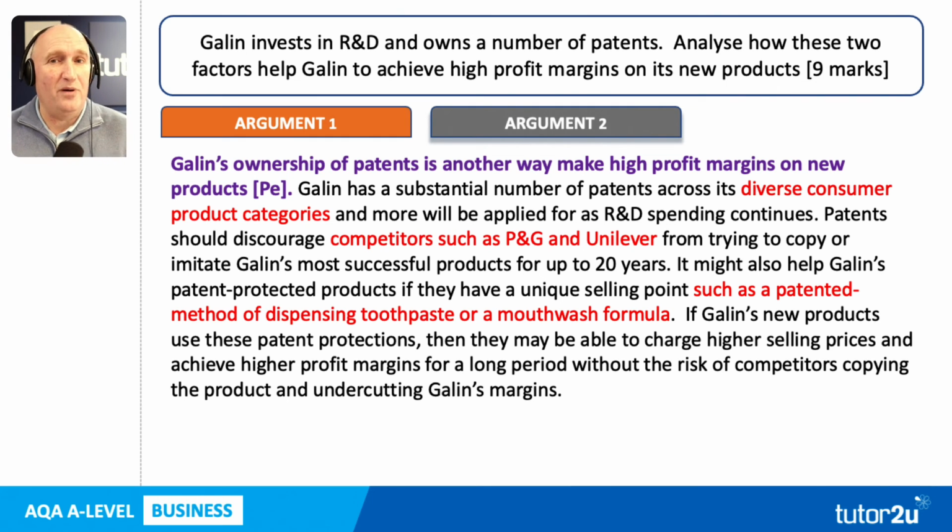The use of the words toothpaste and mouthwash helps root, excuse the pun, the answer in the context of Galen. There we go. That would be, I think, 2 arguments, 9 marks. In this case, the examiner wanted us to deliver a response that was connected with both of those 2 factors. I've dealt with 1 factor in each paragraph. Hopefully you found that answer useful.